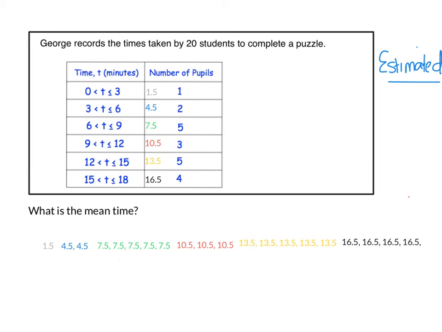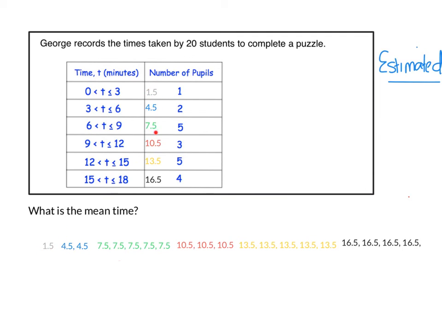And if you go back to the other video that we did on just frequency tables, you might remember that I spent a long time putting every single thing and adding every single thing onto my calculator when there was a much quicker way. And the quicker way was just by timesing your frequency by your variable. And here, as it's time, we've got the midpoint, so that's what we're going to be timesing by.